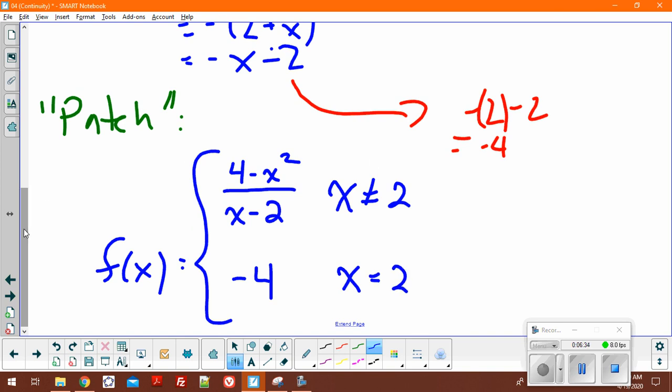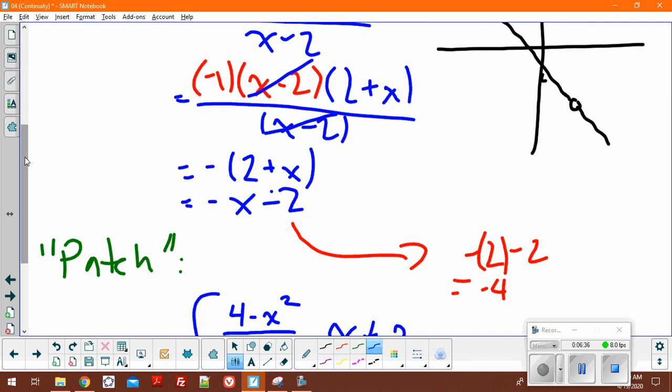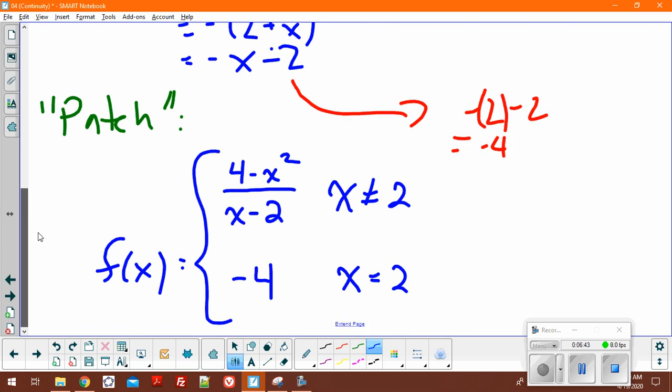That has the effect of doing some, I don't know, mathematical spackle here and saying, I want to put a point right there where I had the hole. And now my function doesn't have a hole in it anymore. That's why it's called removable, because potentially you can fix it by doing a little adjustment to your function.